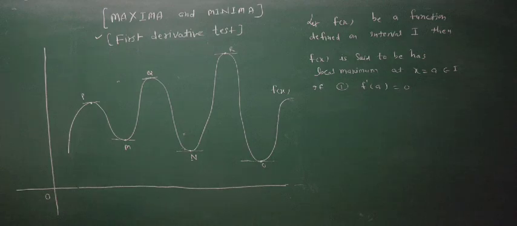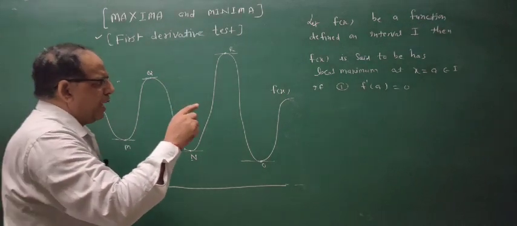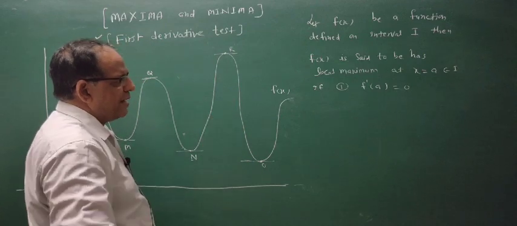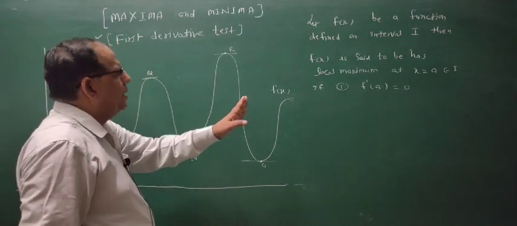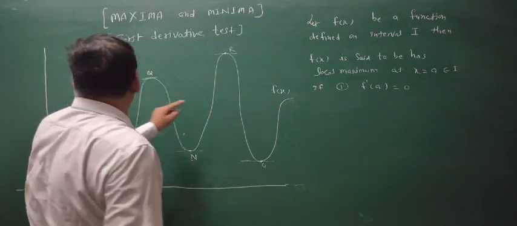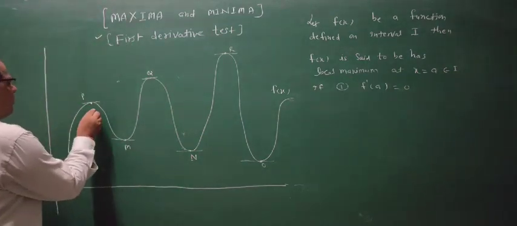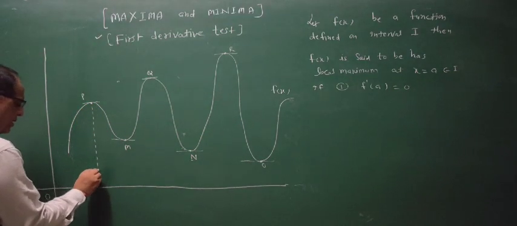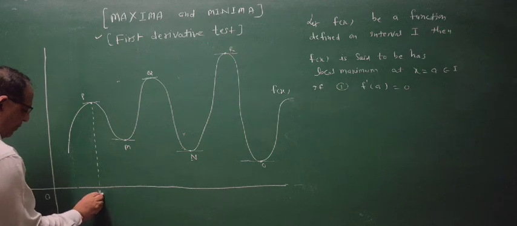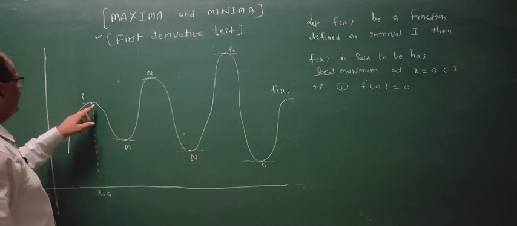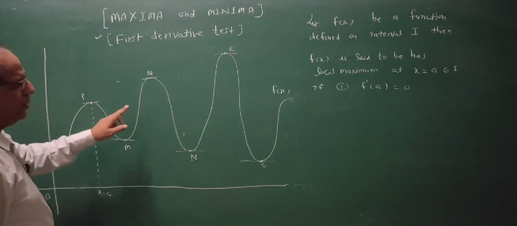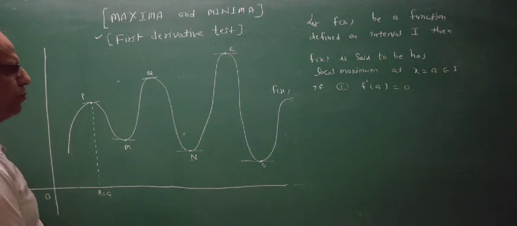So here f(x) is a function defined on interval I, then f(x) is said to have a local maximum at x equal to a, that is a point of interval I. First, f dash a should be equal to 0. Suppose that this is the point x equal to a. So the slope of the tangent at the point x equal to a should be equal to 0.